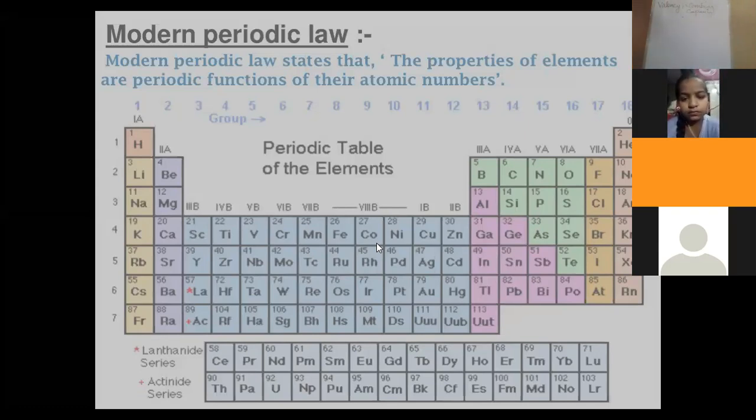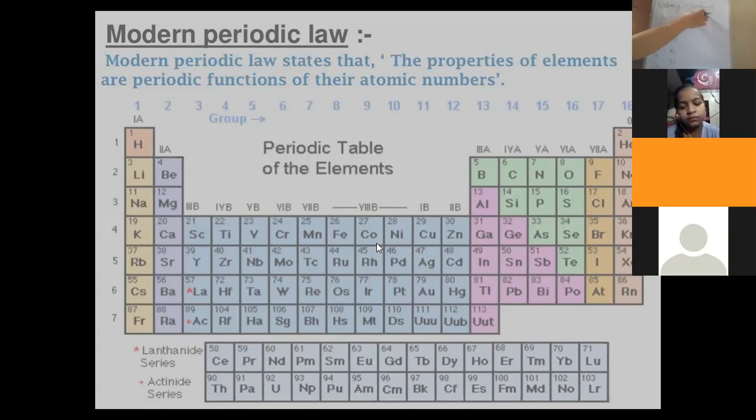Like if I talk about the alkali metals, the group of alkali metals, there are hydrogen, lithium, sodium, potassium, rubidium, cesium and francium. If I write down their atomic numbers, it is 1, 3, 11, 19, then 37 and so on.